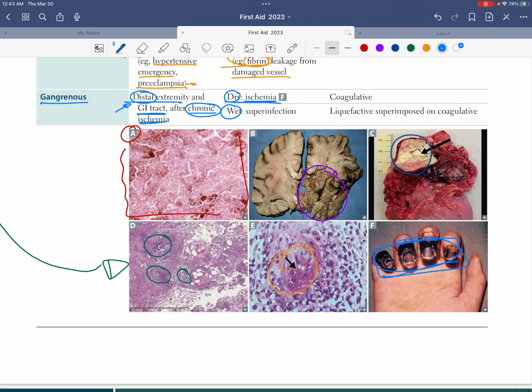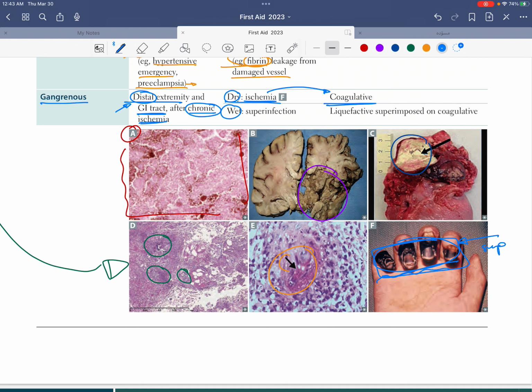But if there is a superinfection over this ischemia, some other kind of infection, that's wet gangrene. For the dry gangrene, because of ischemia, it would lead to coagulative necrosis. Over here we can see some coagulative necrosis.